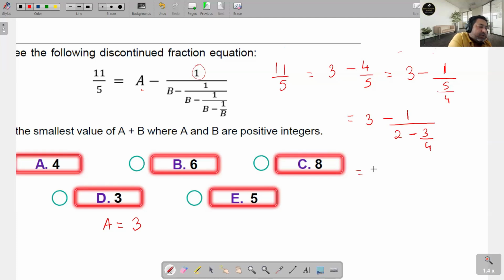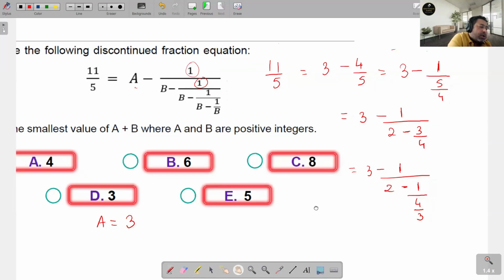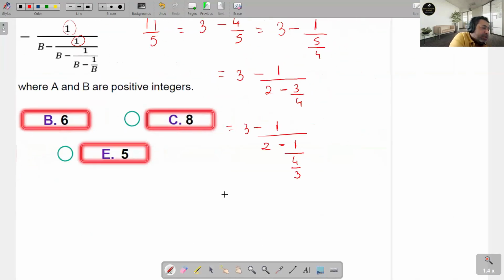This is equal to 2 minus, again we are going to take this reciprocal here and write this as 1 upon 4 by 3. So we'll move forward and write this as 3 minus 1 upon 2 minus 1 upon, now 4 by 3 is 1 whole 1 upon 3, which means that it is 2 minus 2 upon 3.